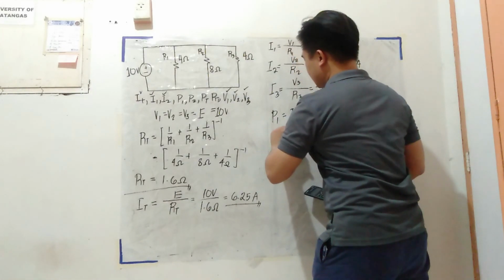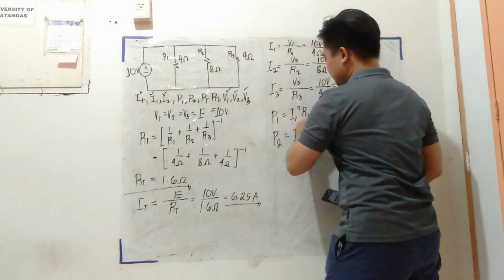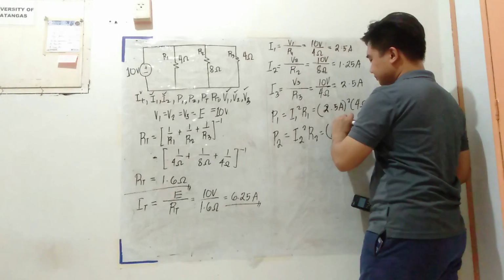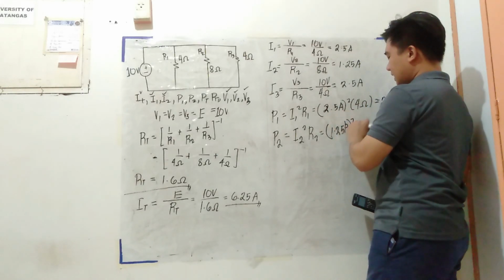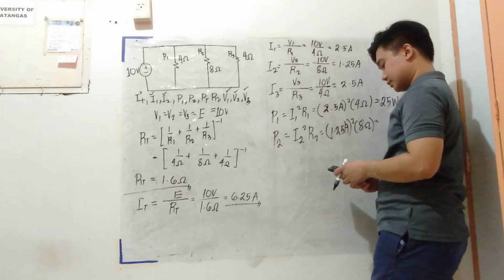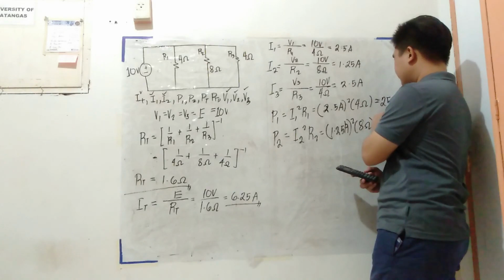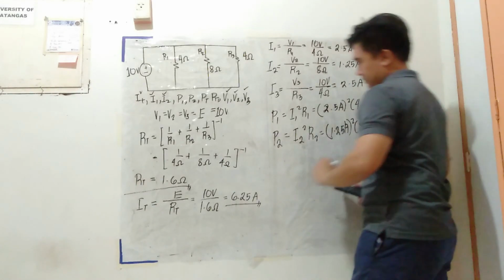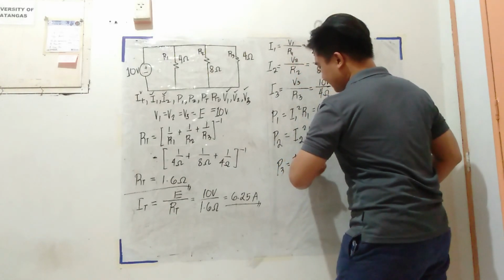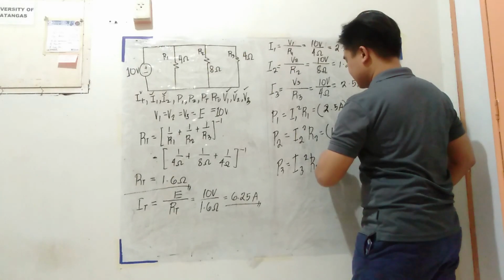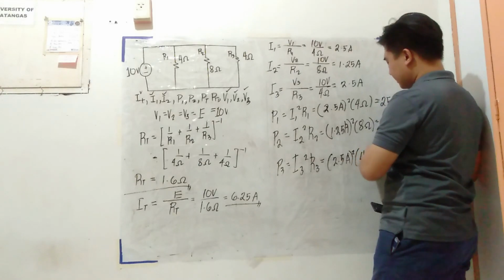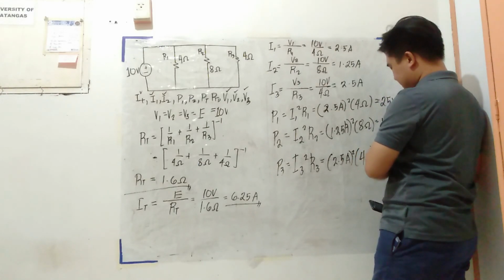While P2 is equal to I2 squared times R2, that is equal to 1.25 squared times 8 ohms, and that is equal to 12.5 watts. And P3, that is equal to I3 squared R3, so that is 2.5 ampere squared times 4 ohms, that is also equal to 25 watts.